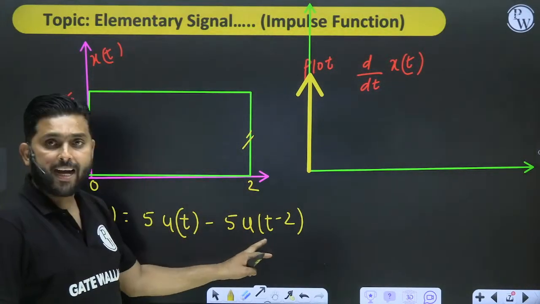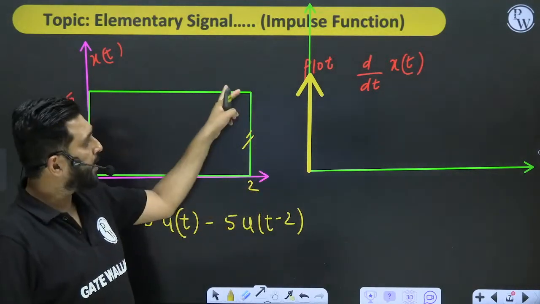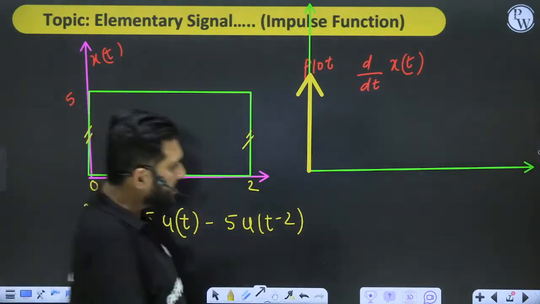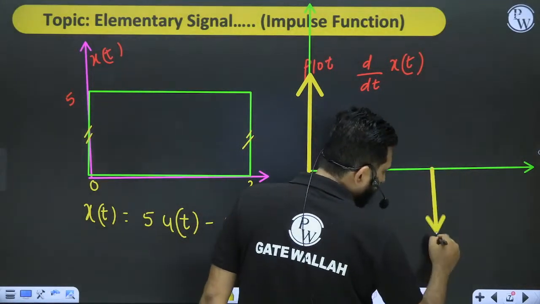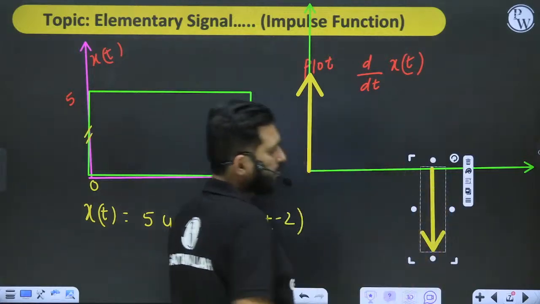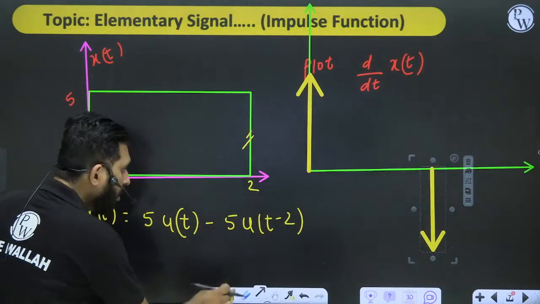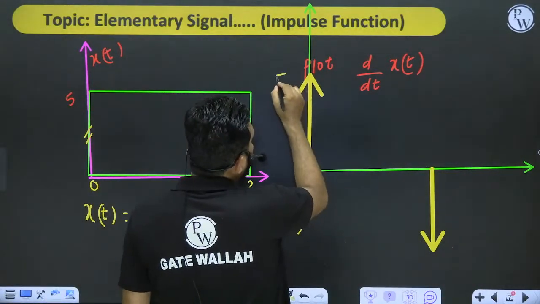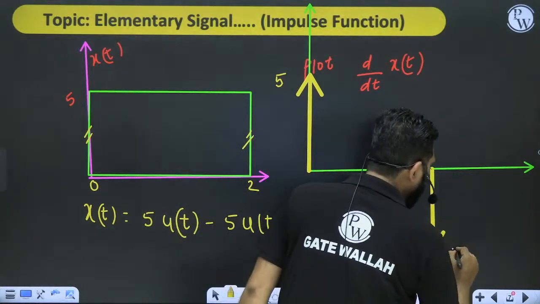What is the height of this one? Upper value is 0, lower value is 5. 0 minus 5 is minus 5. So this is having a height of 5 and this is having a height of minus 5.